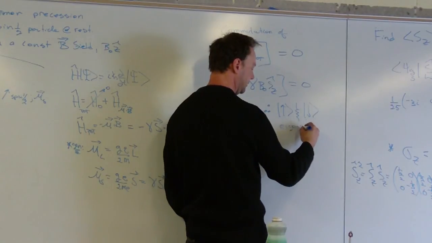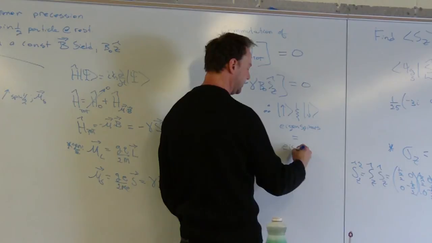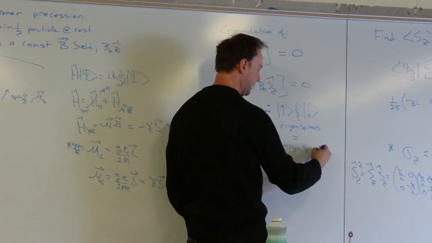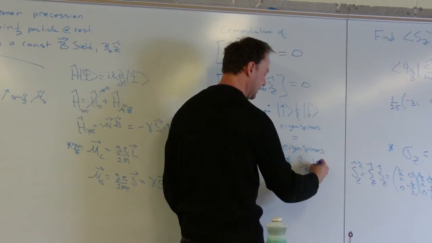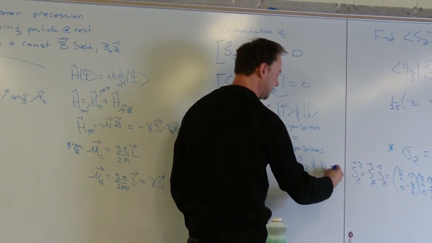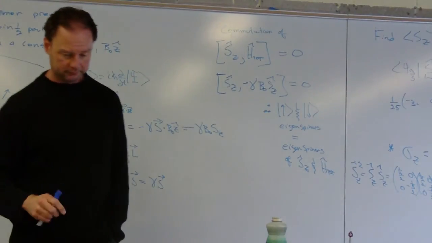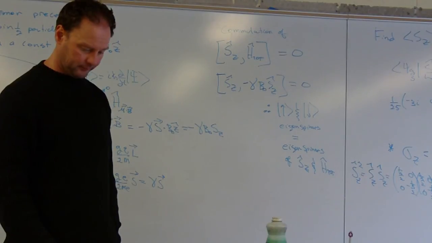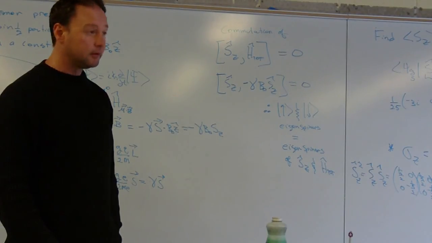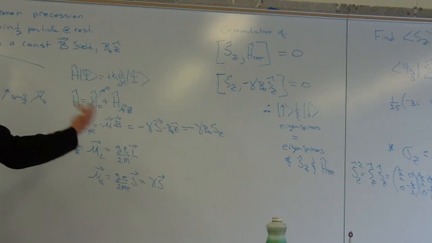So what we get is, therefore, the up and down eigenspinors of S_z are equal to the eigenspinors of our H total. And so the rest of the problem proceeds in the normal way.